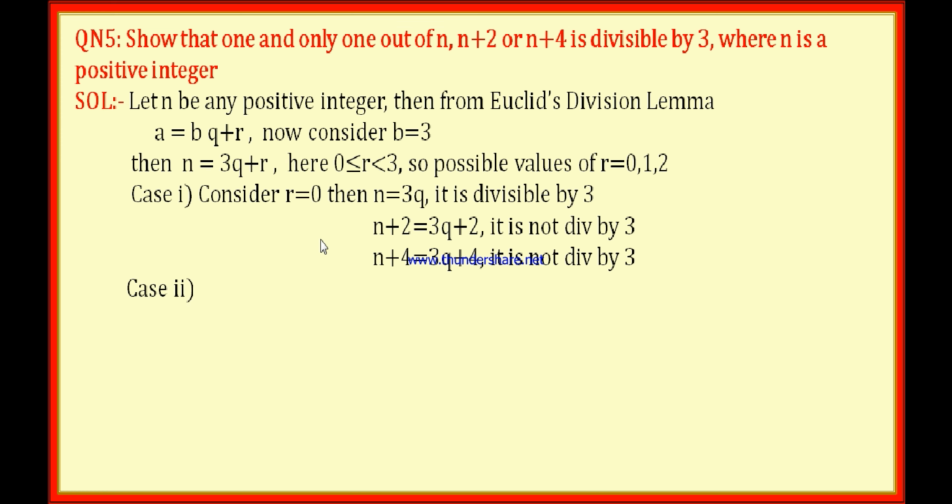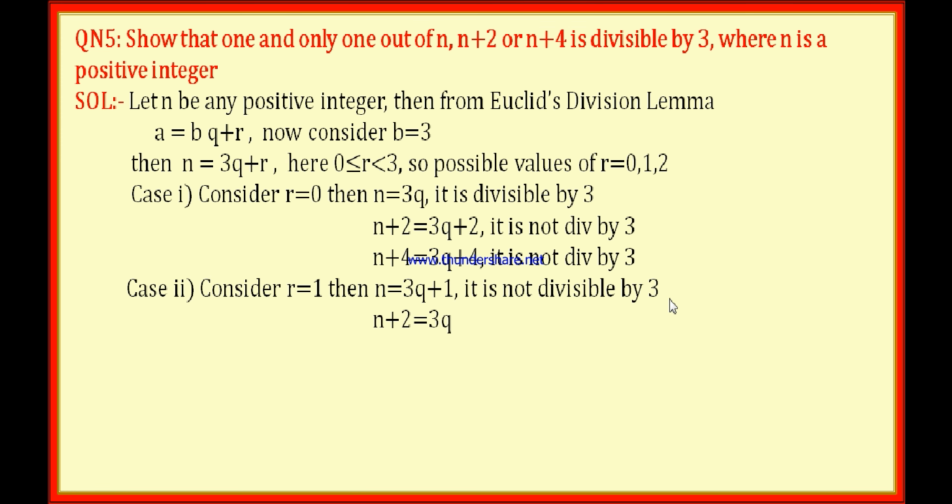And the second case, that is r is equal to 1. Consider r is equal to 1. Then n is equal to 3q plus r, that is 3q plus 1. Since it is 3q plus 1, it is not divisible by 3. And then n plus 2 means 3q plus 1 plus 2, which is 3q plus 3. This is divisible by 3 and this is also divisible by 3.